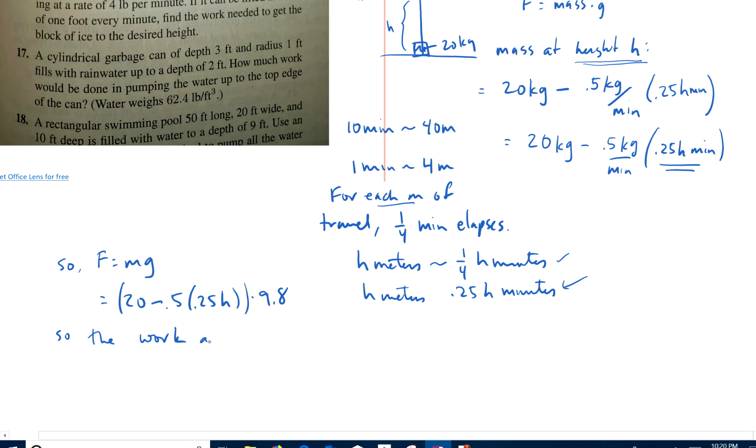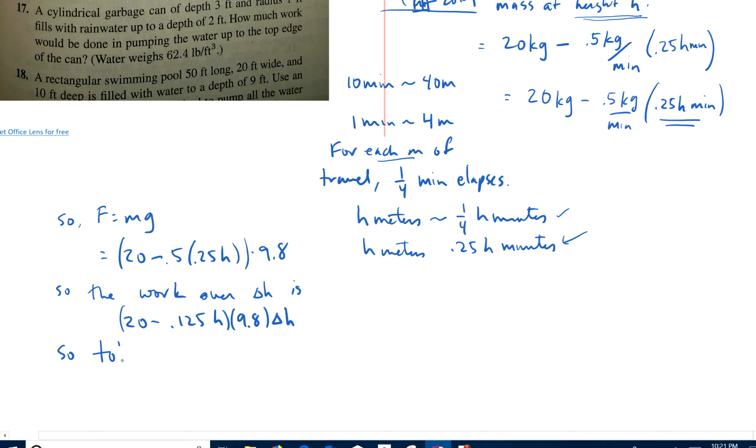The work over delta h distance, because work has to have a distance to be work, right, is 20 minus 0.125 h times 9.8 times delta h.